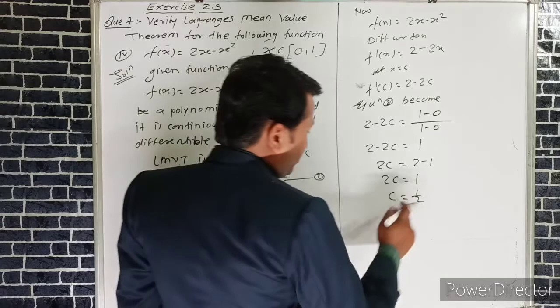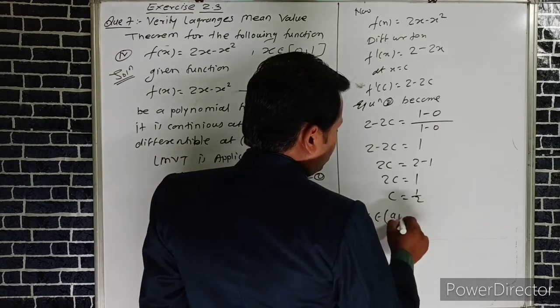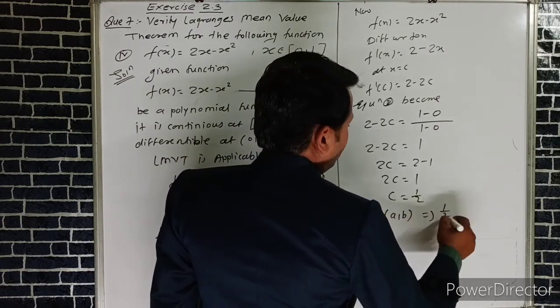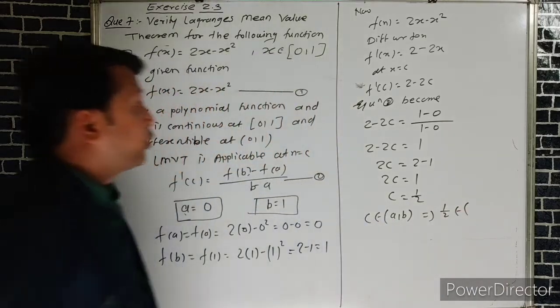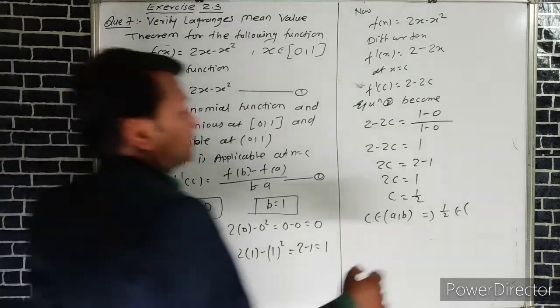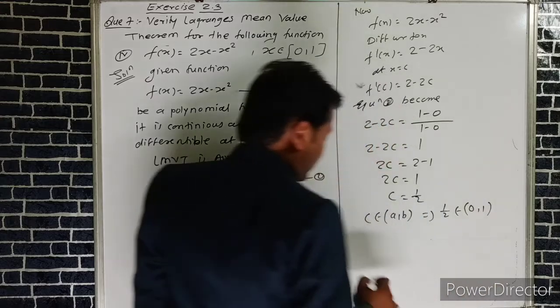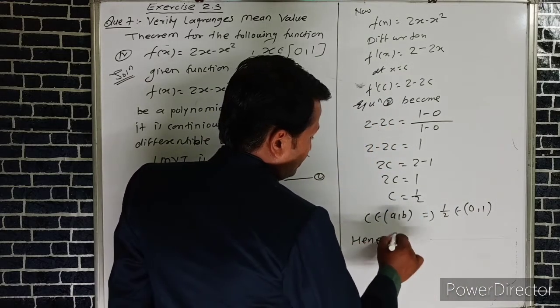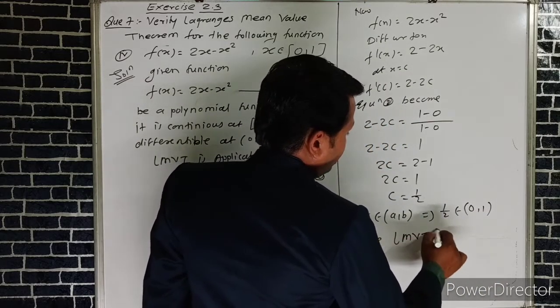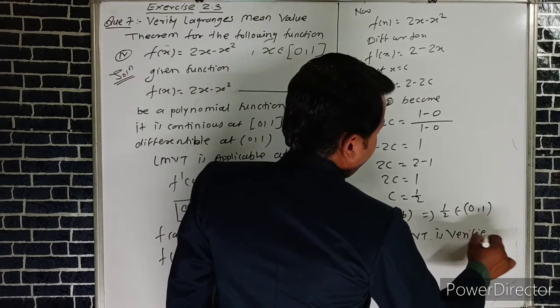So this value of c belongs to (a, b), because 1 by 2 belongs to the open interval (0, 1). Hence we can say that Lagrange's mean value theorem is verified.